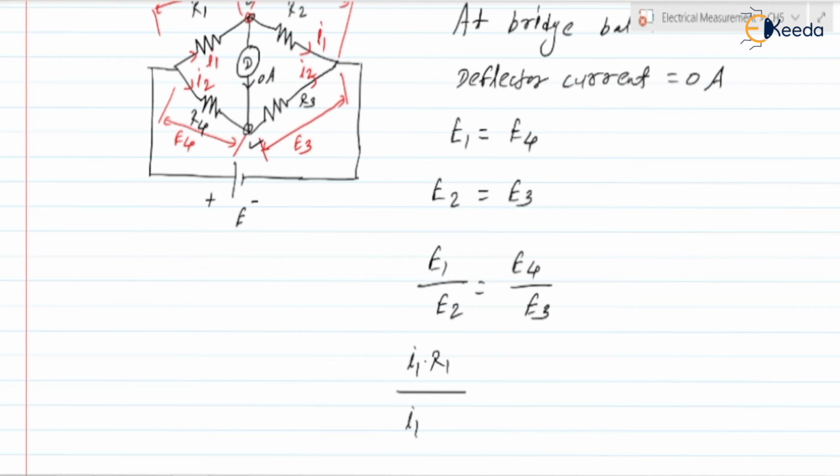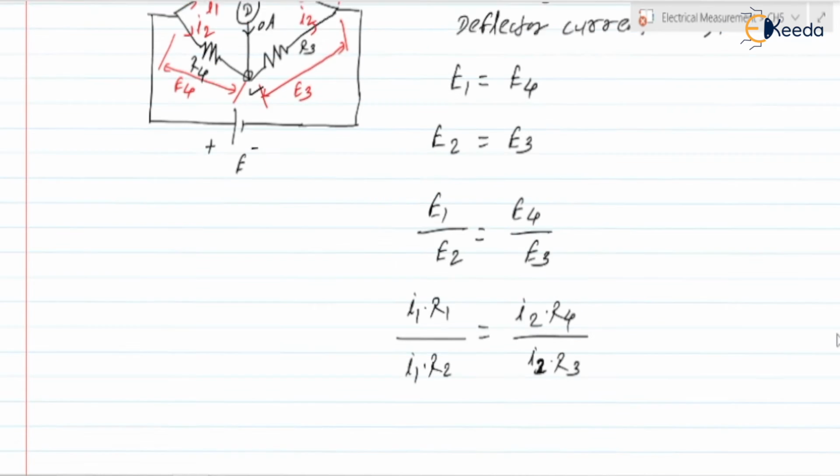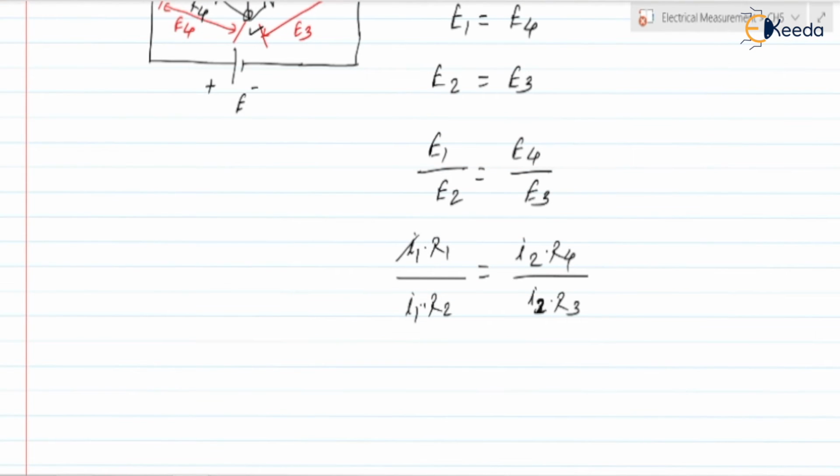This is equal to, what is E4? E4 is I2 into R4, divided by, what is E3? It is I2 into R3. So here it is I2. What will happen? This I1 will get cancelled out. I2 will get cancelled out.